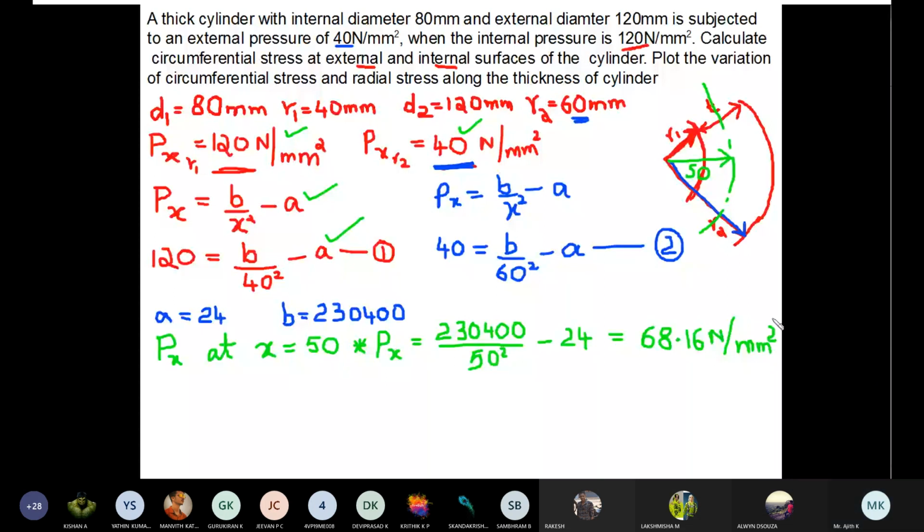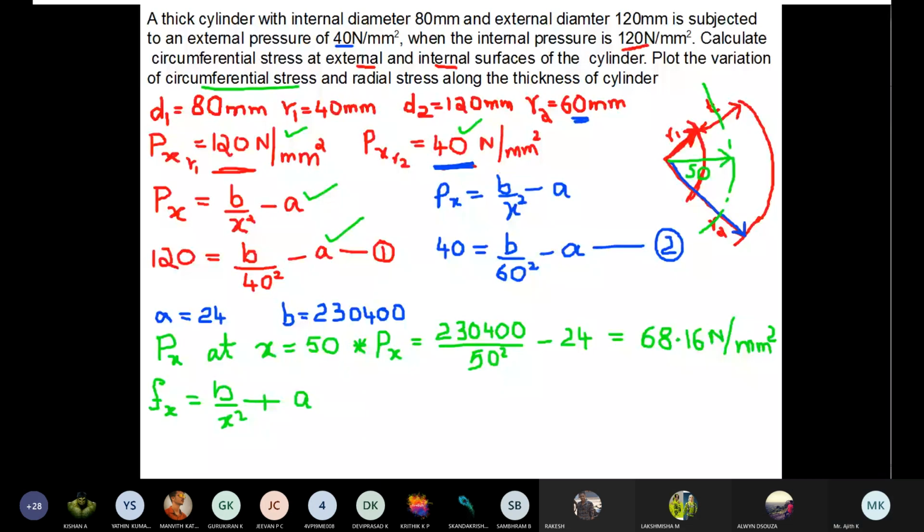Next we have to calculate the circumferential stress at 3 different points using the equation fx is equal to b by x square plus a. The values of a and b will remain the same.